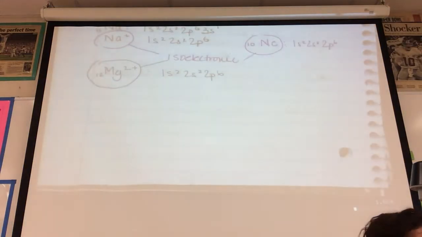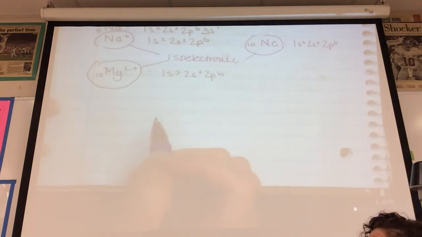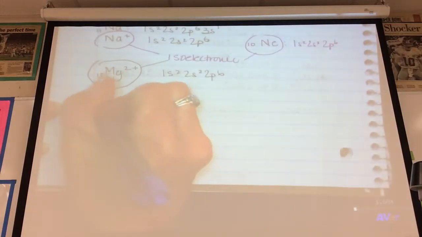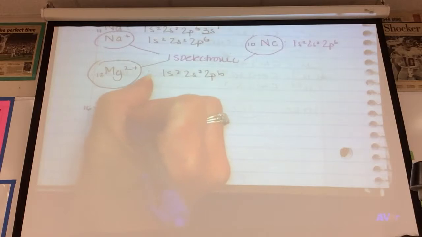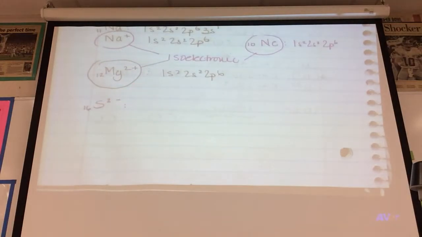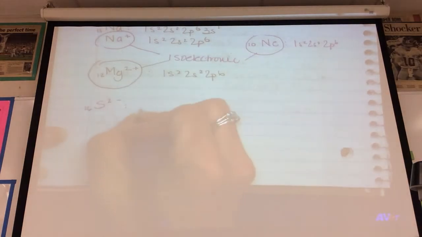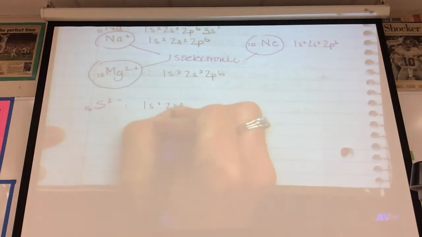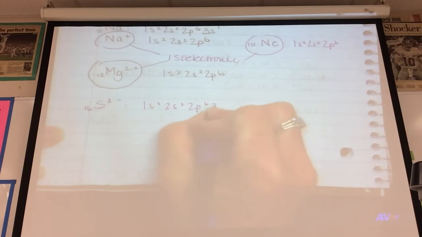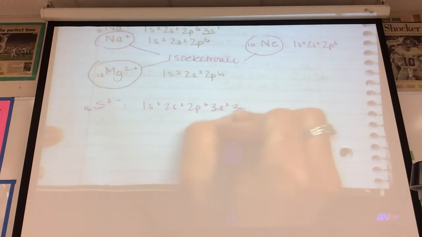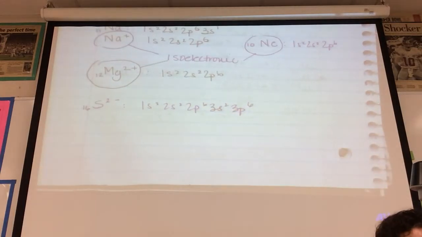Let's take a look. Let's say, for example, we had a sulfide ion. Sulfur has 16 protons. How many electrons would a sulfide ion have? 18 is correct. 1s2, 2s2, 2p6, 3s2, 3p6. And that electron configuration matches which noble gas?